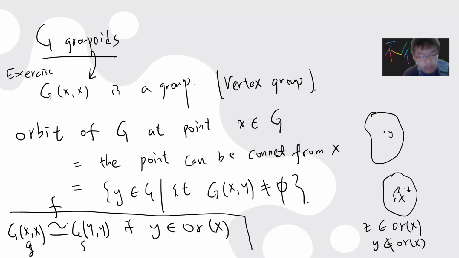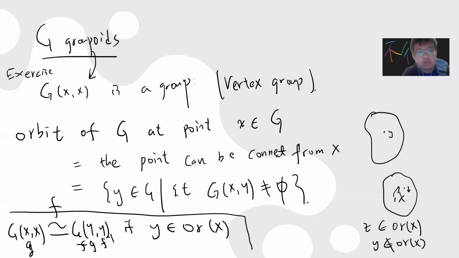You can check that this map g to f g f inverse will be the isomorphism of these two. So basically this turns out, in the fundamental group language, to say that if two points are in the same connected component, they have the same fundamental group.